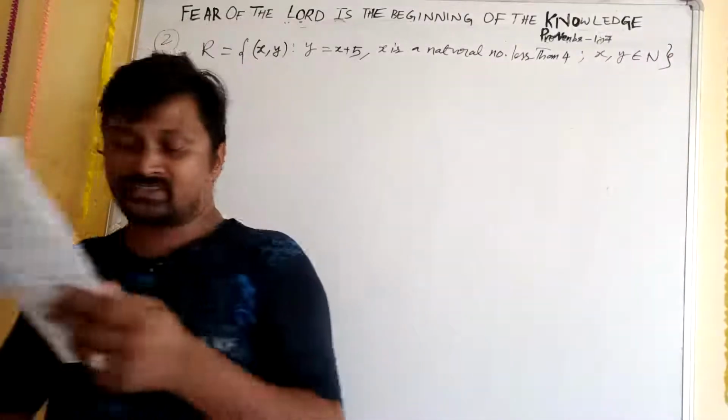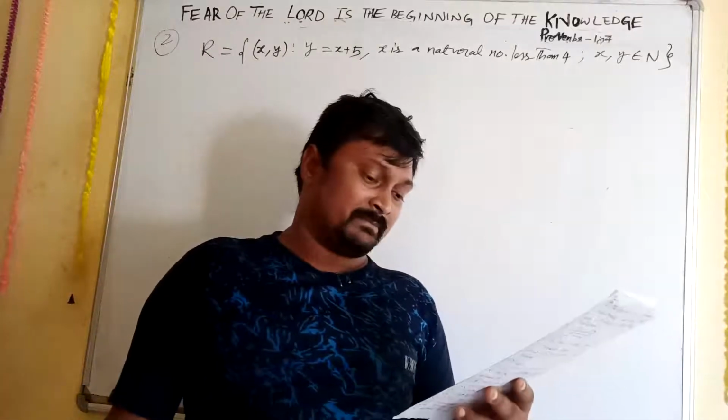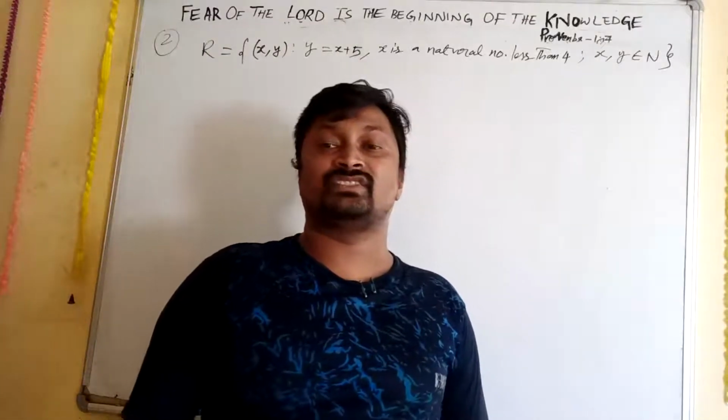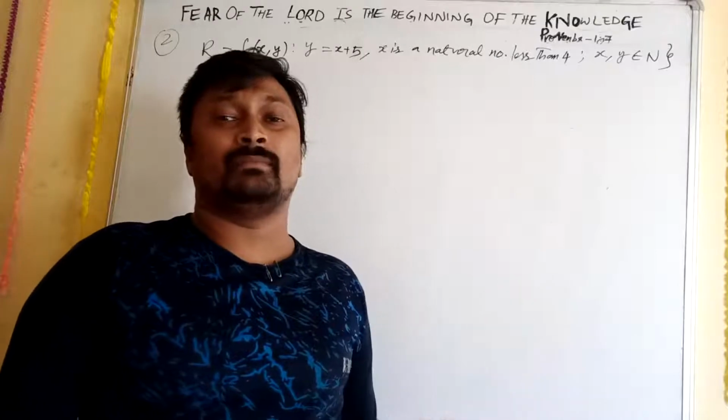Depict this relationship using roster form and find the domain and range. You need to write only domain and range.